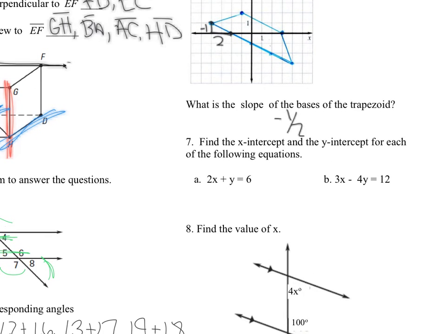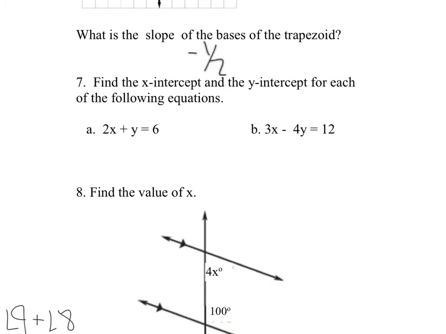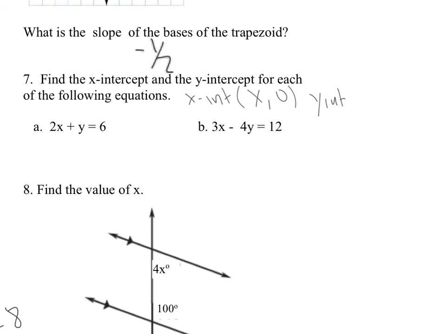Find the x and y intercept for each one. So a couple things here, and I might need a little more space to go through this. But an x-intercept is written as a number comma 0, and the y-intercept is a point as 0 comma y.